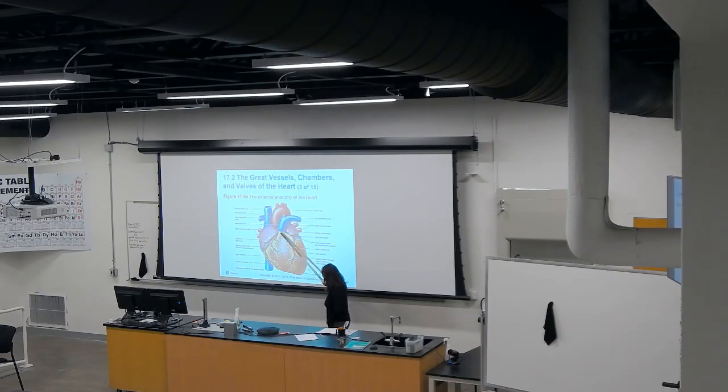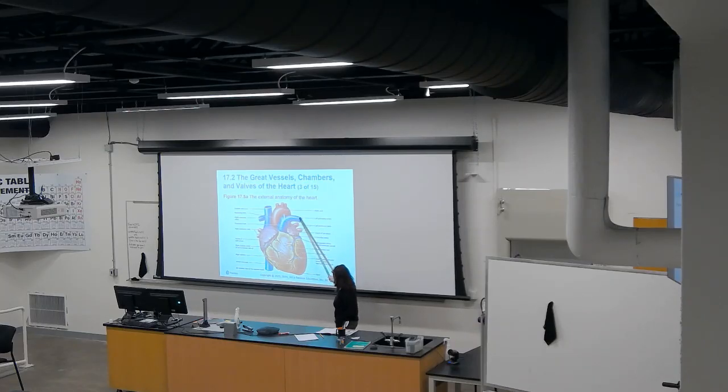And here, so this is the right ventricle. Here is the pulmonary trunk. This pulmonary trunk is connected to this right ventricle. The right ventricle pumps the blood into the pulmonary trunk so that the blood can go into the lung in the pulmonary circuit.